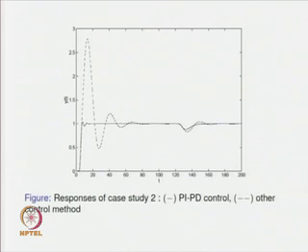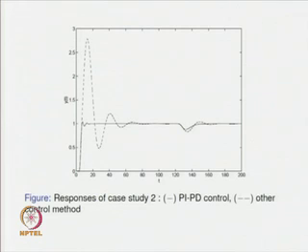Now, in this case study 2, the solid line shows the responses obtained from the advanced Smith predictor and controller by Maggi et al., whereas the dotted one shown in this figure is obtained by some popular Smith predictor and controller method.